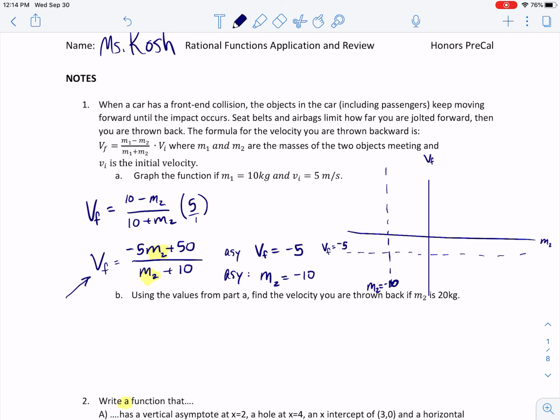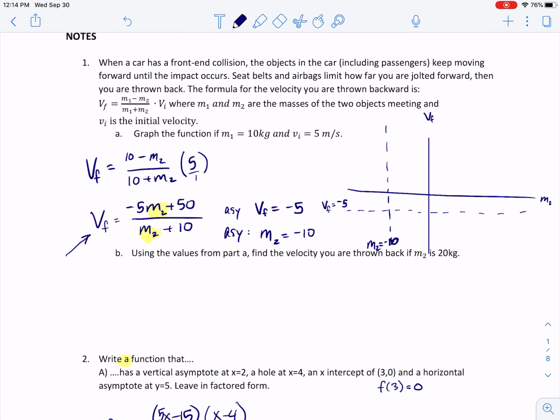The other thing I need to know when I graph this is what happens when my x value, or my m2, is equal to 0. When I have a 0 here, then I get 50 over 10, which is just 5. So I'm going to have the point (0, 5) right here, and the graph is going to do something like that.